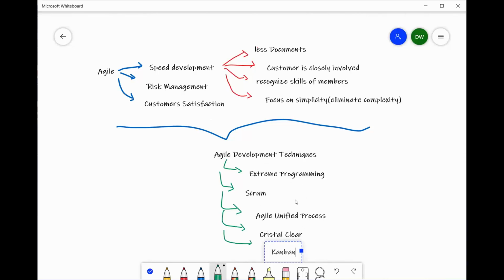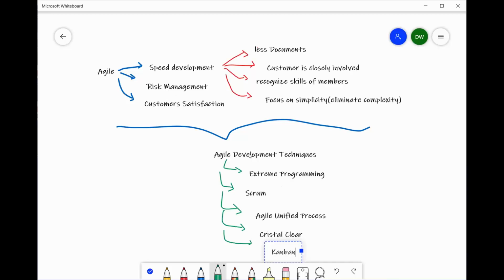All these are based on agile development. So all these will include speed development, risk management, and customer satisfaction in different ways, right? These objectives will be achieved through following different techniques. When we compare two of these techniques, they have different structures to achieve the same kind of objectives.